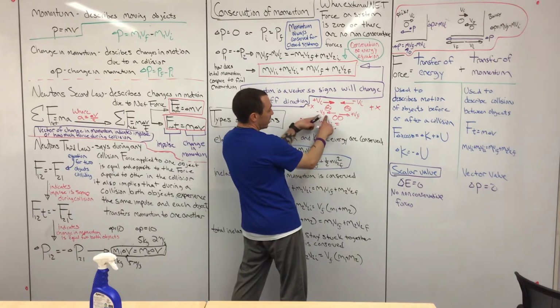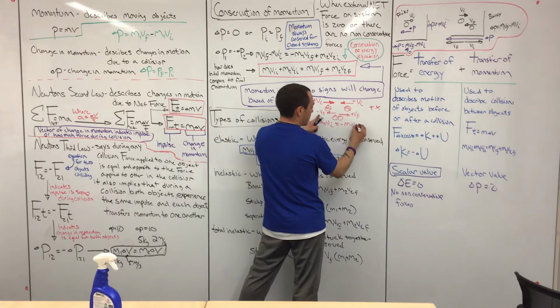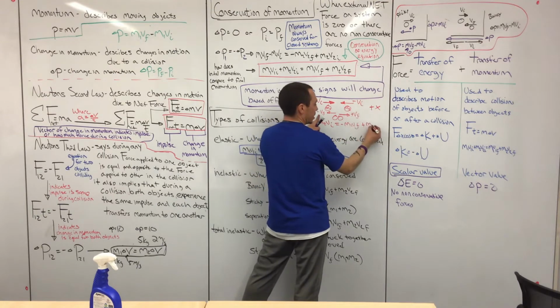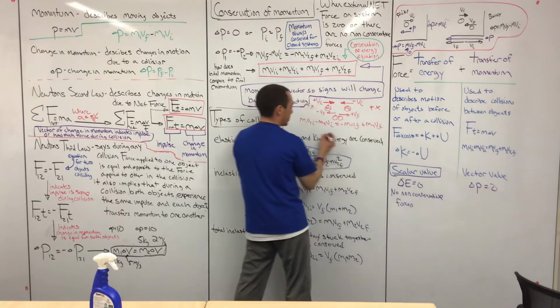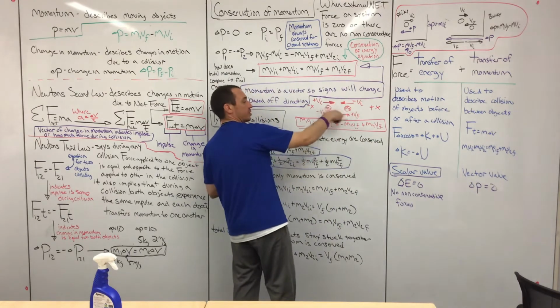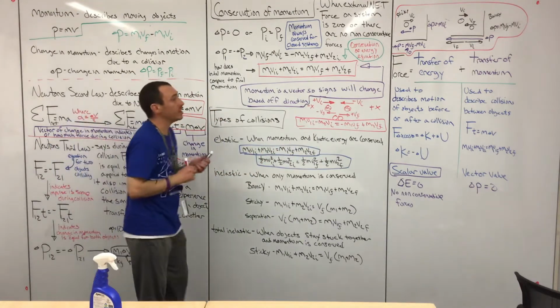And then the final velocity of M1 is going to be negative, so negative M1 VF, plus, because now M2 is going to have a positive velocity, M2 VF. So see how even though I'm using the conservation of momentum equation to describe this collision, the signs can change in there. So just be ready for that.